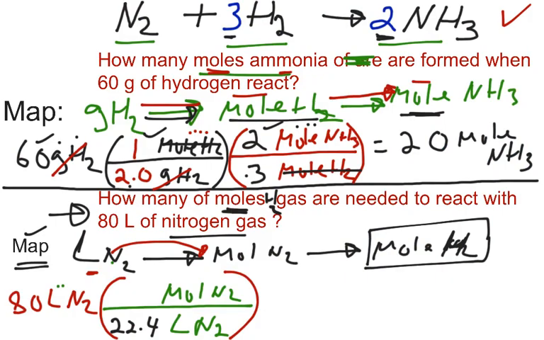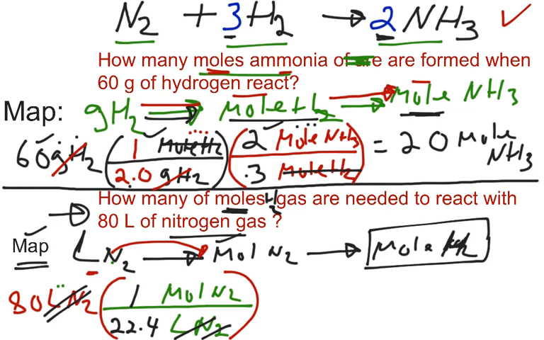So don't forget that. And 22.4 liters of gas at STP is equivalent to how many moles? Yes, it's equivalent to 1 mole. Good. What's going to happen? The liters of N2 will cancel. So we've done that conversion.